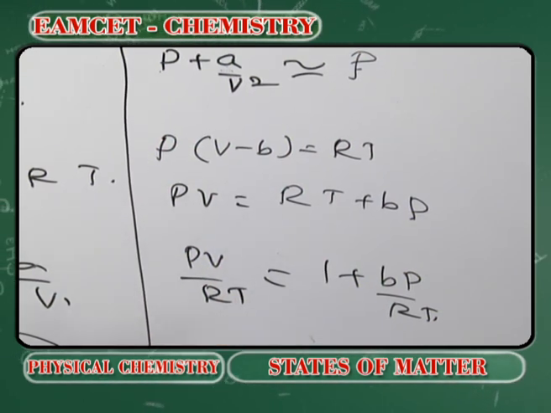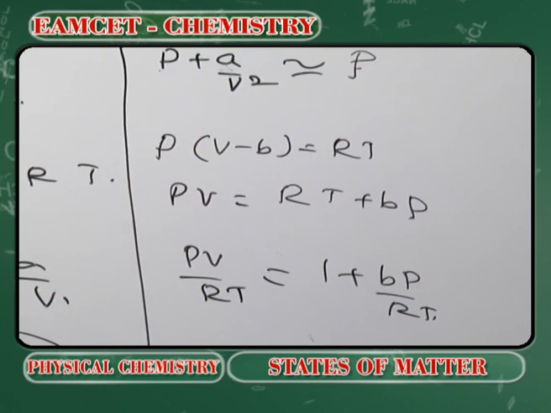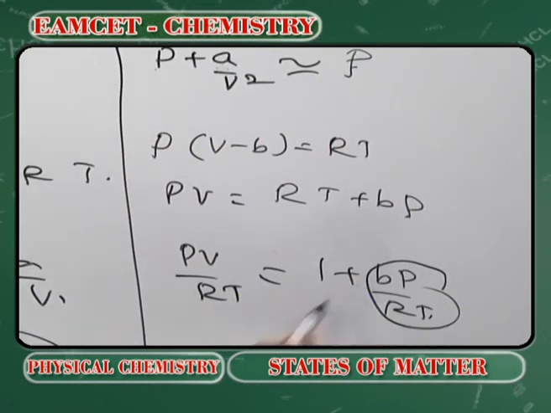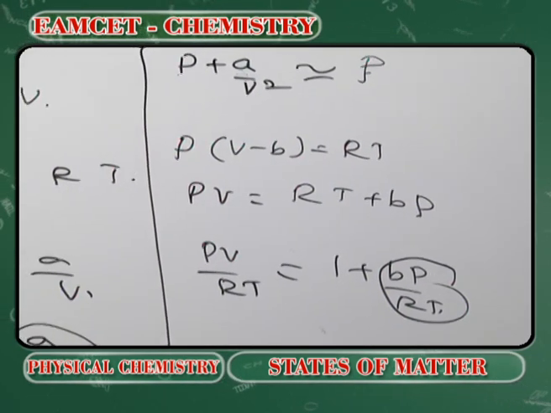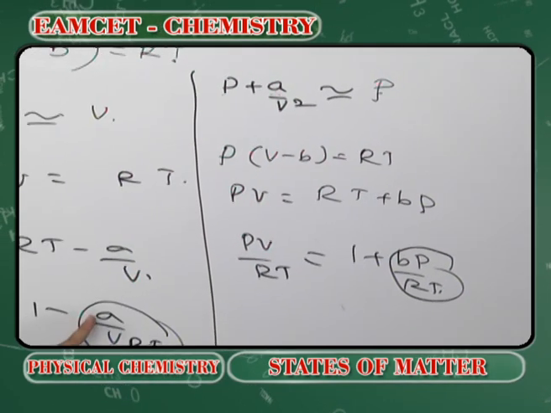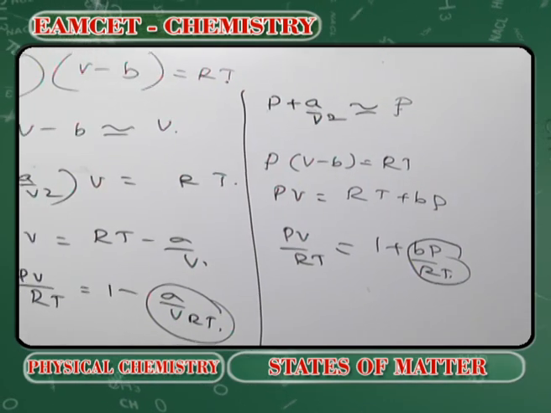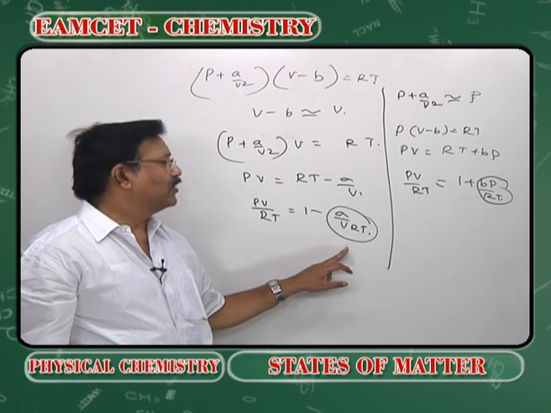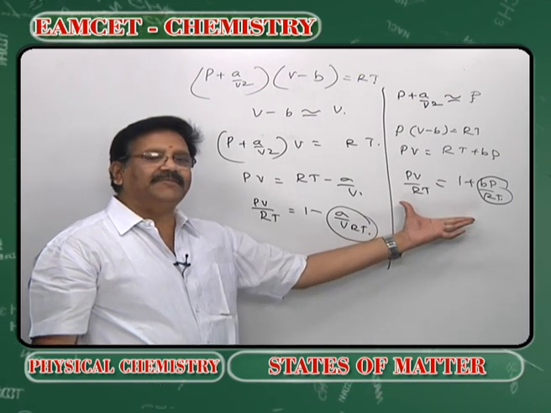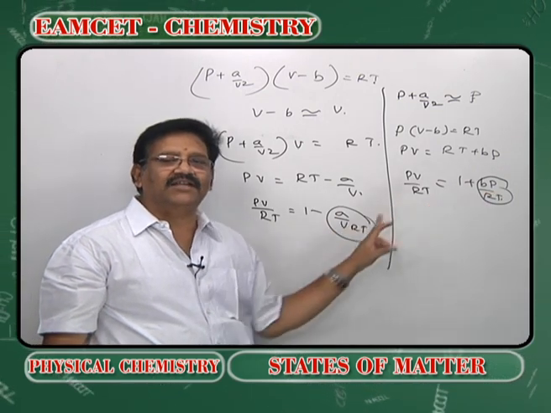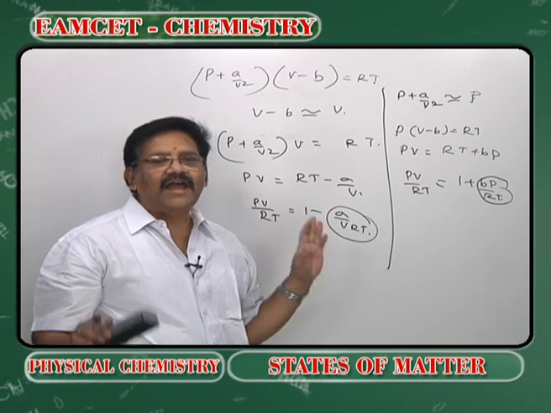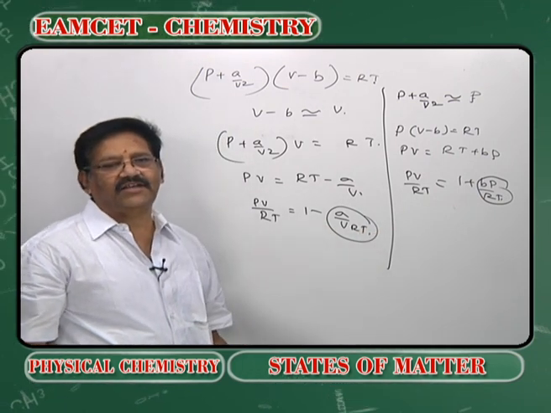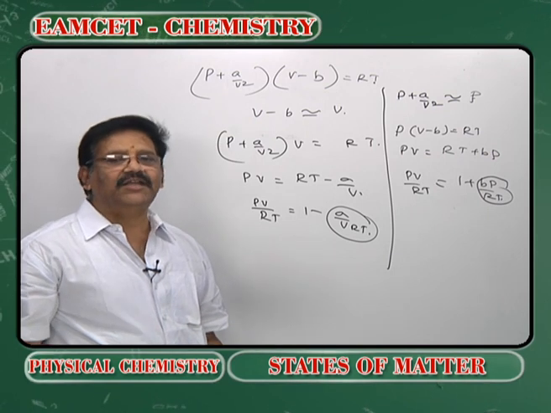Now at high pressures, which factor will dominate? bP/RT value will dominate. At moderate pressures, a/(VRT) value will dominate. At some intermediate pressures, both factors nullify each other, and at that condition, gas shows ideal behavior.